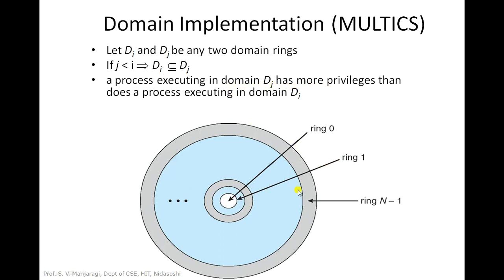So that is what security rings we can observe in Multics. For example, the operating system's kernel will be running in ring 0, so that is having more privileges as compared to other domains. And the user processes, or user applications, may run in the outer ring, so that is having fewer privileges as compared to kernel programs.